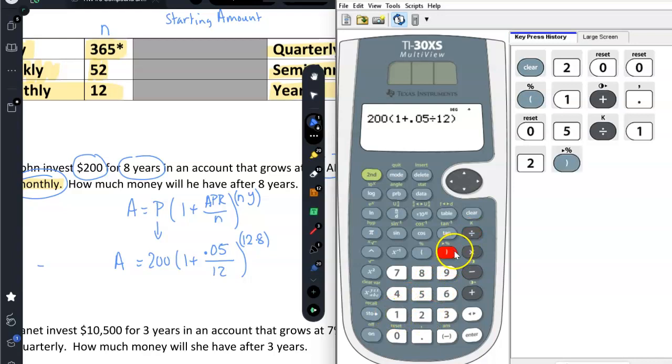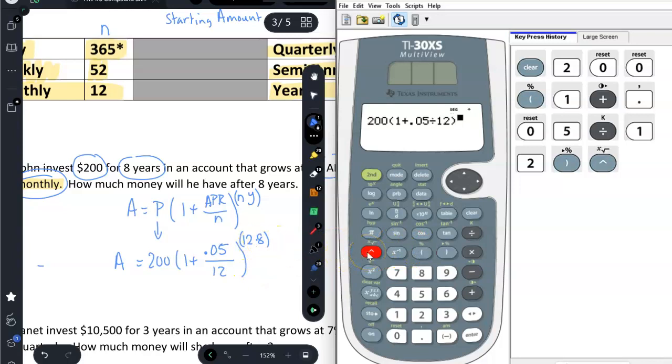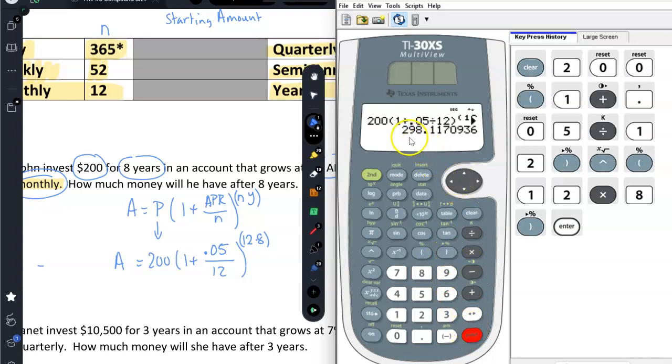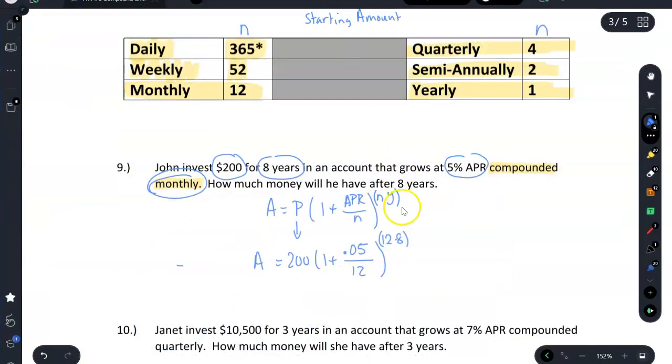I am now going to close my parentheses, so everything is just as I see. And I'm going to raise this to the 12 times 8. In my calculator, the parentheses are not necessary here, but just to get in the habit of it, let's go ahead and open our parentheses, 12 times 8. And let's close our parentheses and then press enter. And this is going to be my value, $298.12.